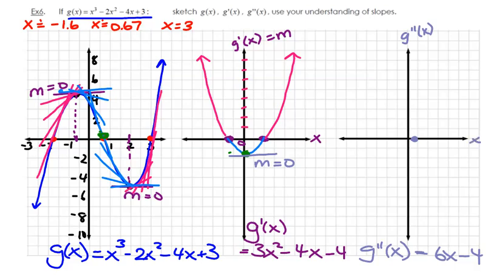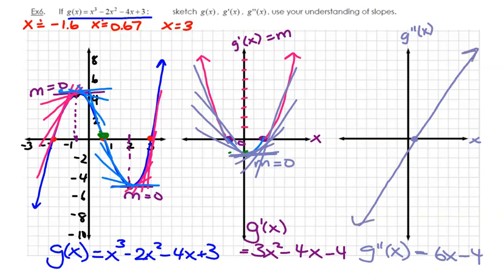Okay, so your graph is going to be negative slopes, negative, negative, negative, towards 0, 0, positive, more positive, more positive, and so on. All right. So that's how you distinguish graphically and also algebraically between all three of the original, the first derivative, and the second derivative functions.